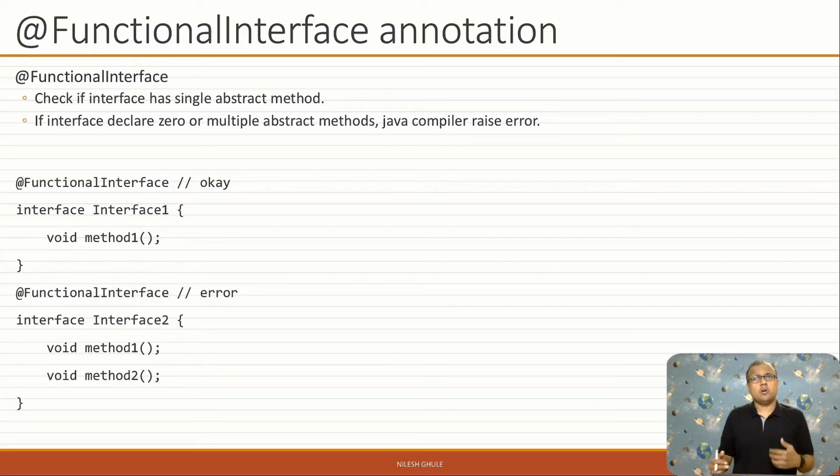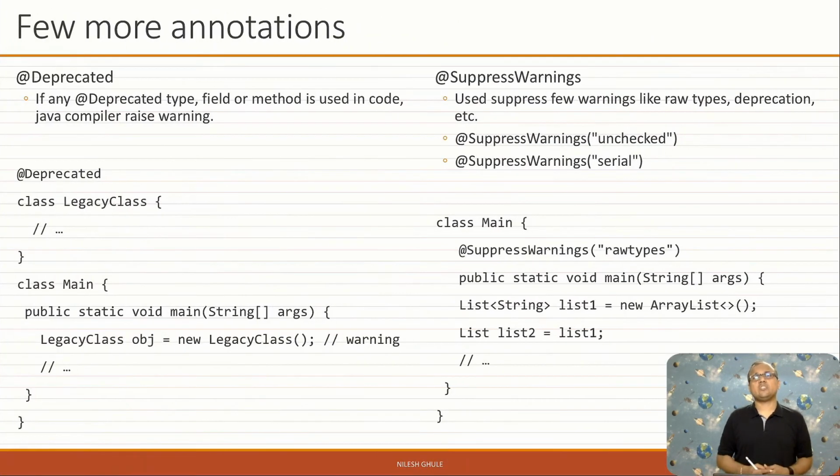A few more commonly seen annotations are @Deprecated and @SuppressWarnings. If you have some class or method or constructor or field which is outdated and you want to tell its clients not to use these classes or methods anymore, then they can be declared as @Deprecated.